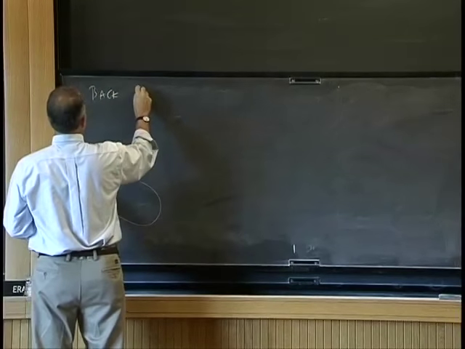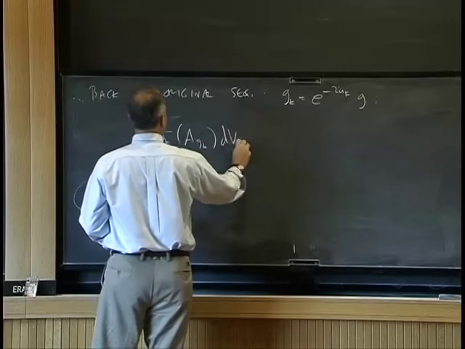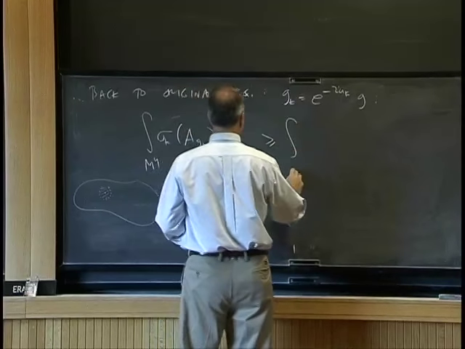g_k, which was e to the minus 2 u_k times g, then if you integrate over the entire manifold sigma 2 of g_k, this has to be at least as big as the integral on the ball that we dilated. This is sigma 2, excuse me.